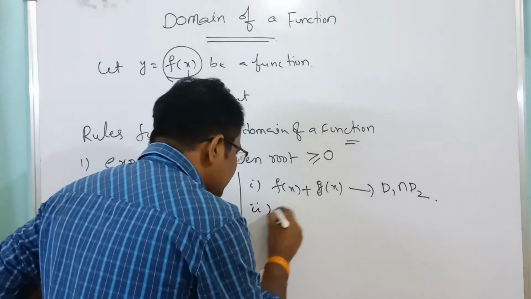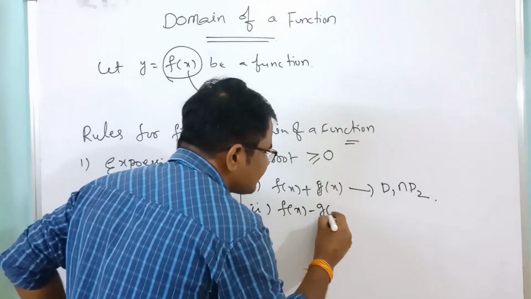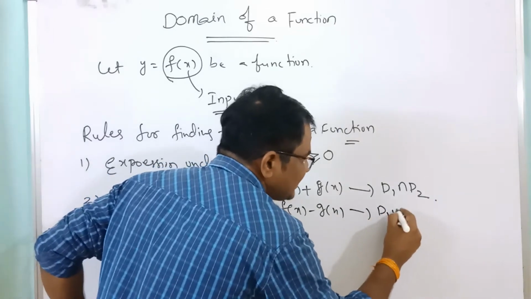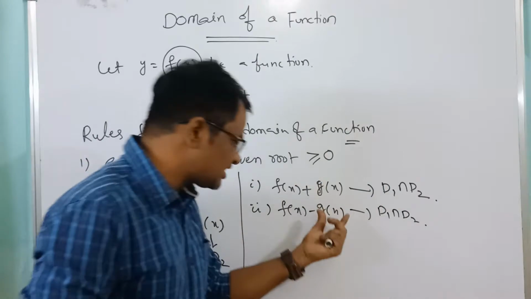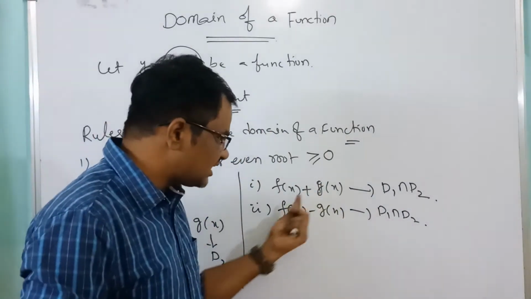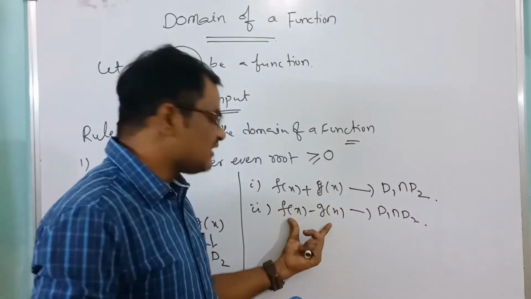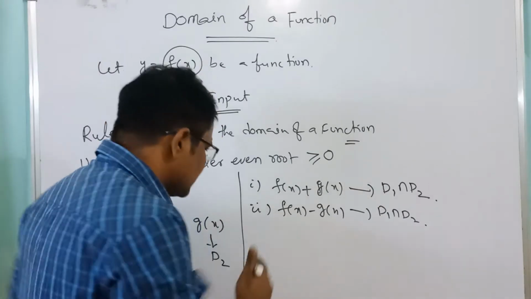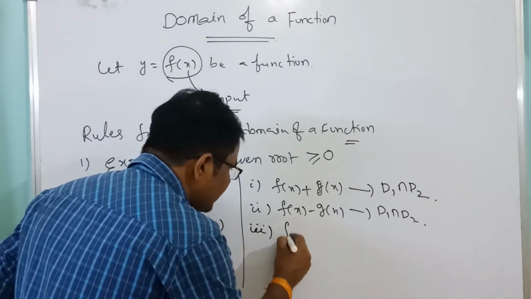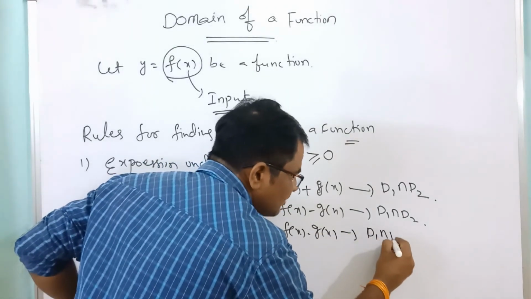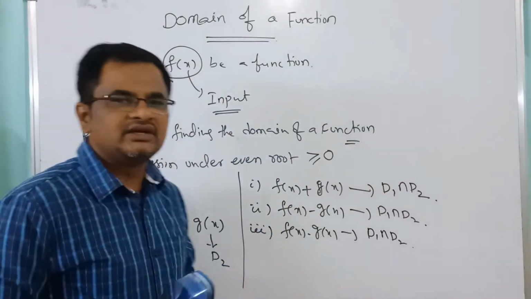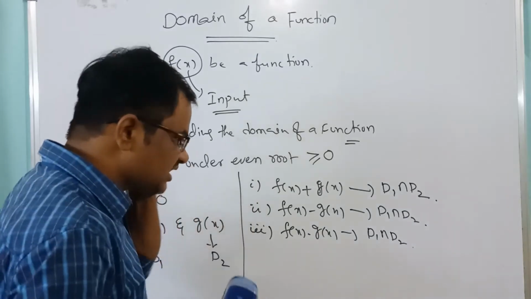Suppose f of x minus g of x, also D1 intersection D2: find the domain of the first function, the domain of the second function, and the common part of the two. Suppose f of x into g of x, this is also the common values of D1 and D2, means D1 intersection D2.